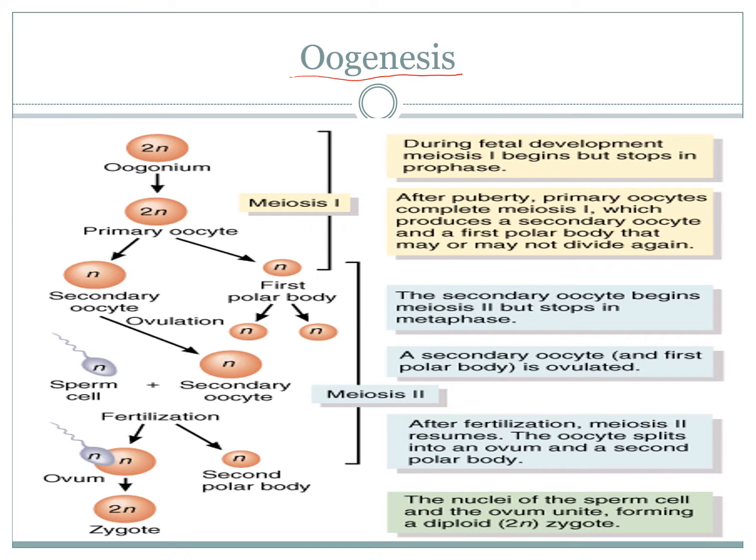Whereas oogenesis, during fetal development, so whilst the female fetus is growing in the uterus, we actually start the formation of the ovum. Okay, so during fetal development, the first couple of phases of meiosis 1 begin to occur. So they start with a cell called oogonia, and they're specialized stem cells, if you will, that are found within the underdeveloped ovaries of the fetus.